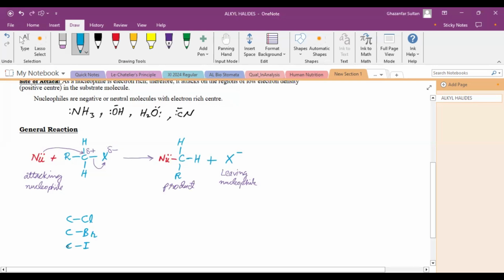So the bond between carbon and iodine is weaker as compared to carbon and bromine, and it is weaker than the carbon and chlorine bond. So this bond can be broken easily as compared to the C-Br bond, and the C-Br bond can be broken easily as compared to the C-Cl bond. So if we talk about bond strength, bond strength decreases down the group.